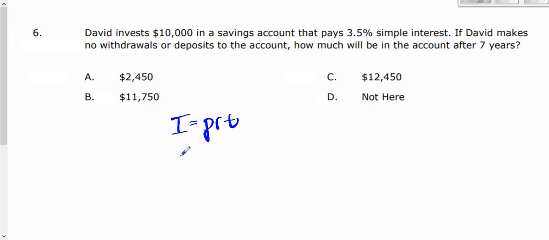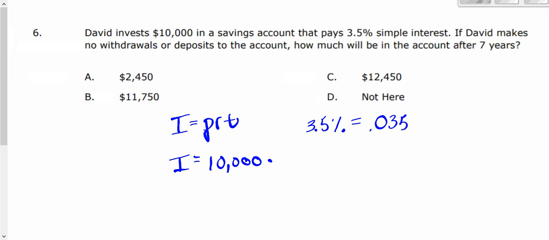So plugging into my formula, to calculate my interest, I'm going to do my principal of $10,000 times my rate, so my 3.5% as a decimal, which is 0.035.